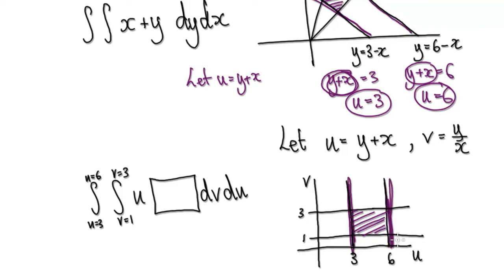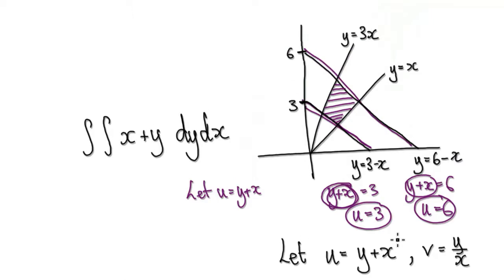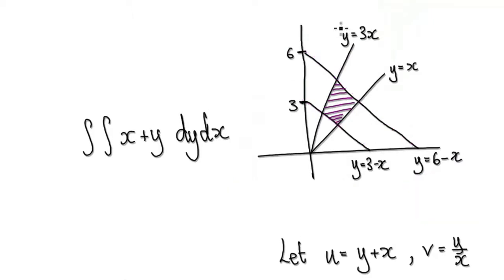Nice and simple. Now if you go back to here, looking at this, divide both sides by x. So y over x equals 3, and divide by x, so that would be y over x equals 1.